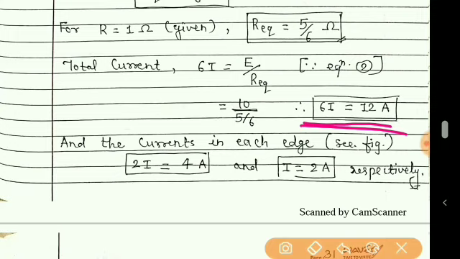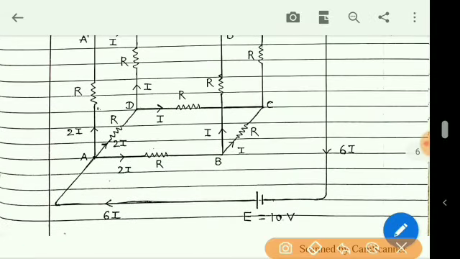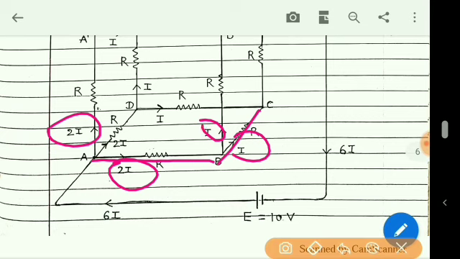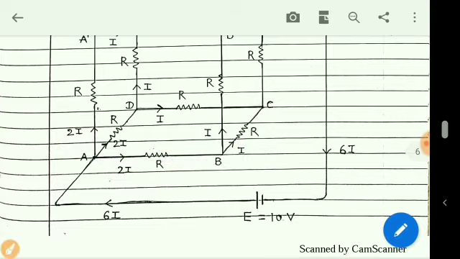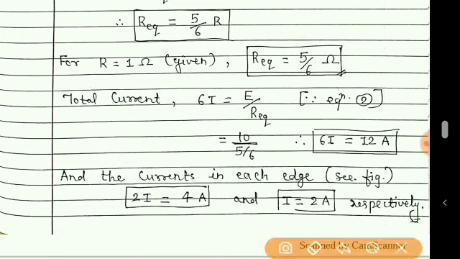Now currents in each edge, you can see that in each edge what will be the current along this edge, along this edge. So here the currents are 2I and I. So in each branch you can see the currents either 2I or I. So if 6I is equal to 12, then 2I is equal to 4.